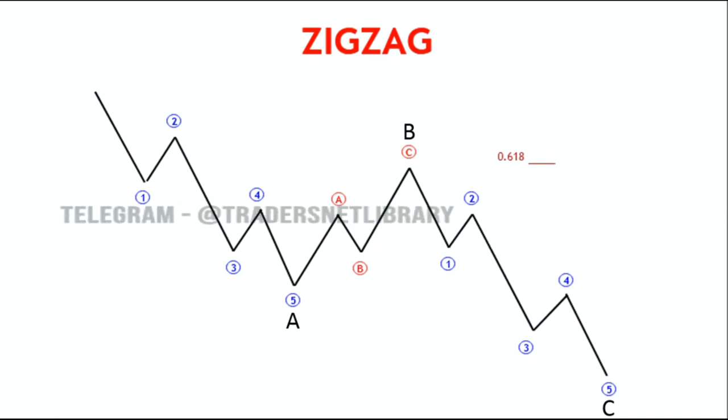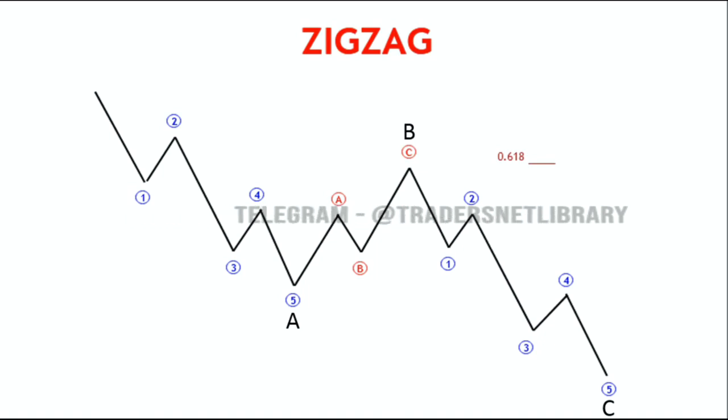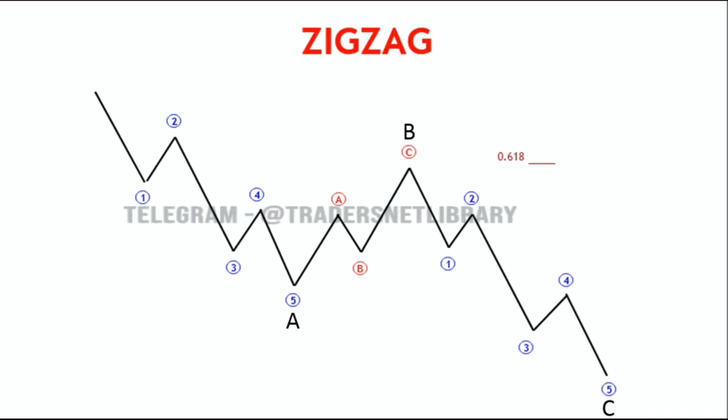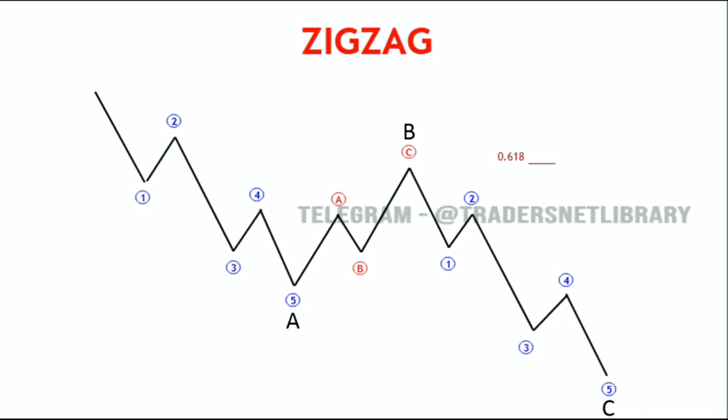Wave B can be a combination of zigzag correction waves or flat or triangular types. In other words, if wave B is of the zigzag correction wave type, it has a structure of 5-3-5, and in this case, wave B has a 3-wave structure.